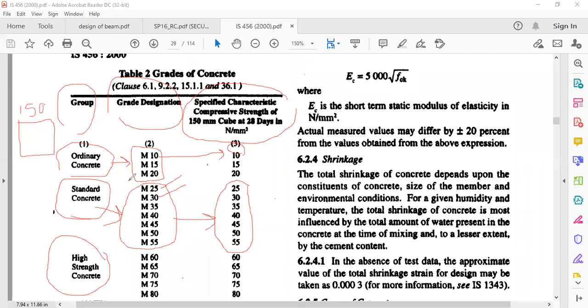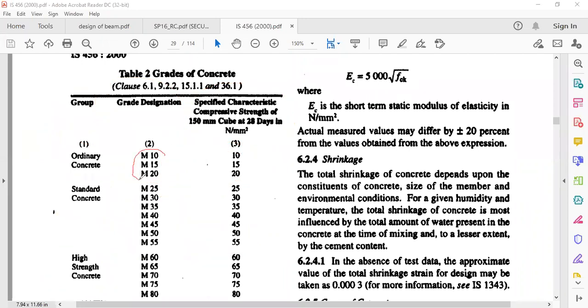Suppose it is a normal bungalow or even an apartment, you can see maximum M20 or M25 max, grades which have a strength of 20 to 25 Newton per mm square. This kind of concrete is most of the time used.